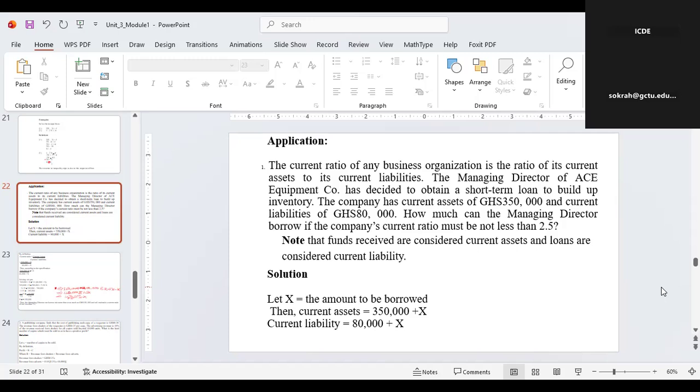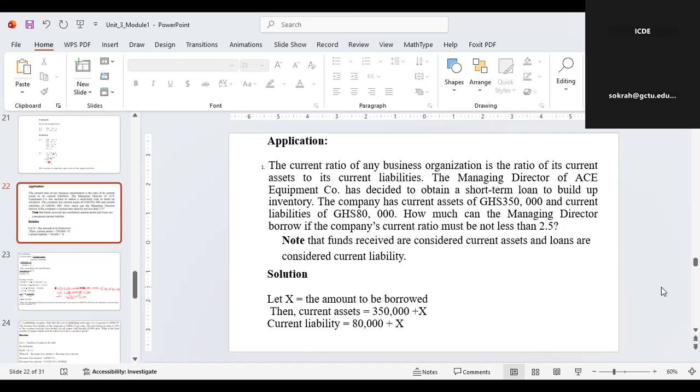How much can the managing director borrow if the company's current ratio must be not less than 2.5? So that is where the inequalities are coming from. Don't forget the mention of the word ratio. That means something over something, that is current assets divided by current liabilities. So that should be your clue.